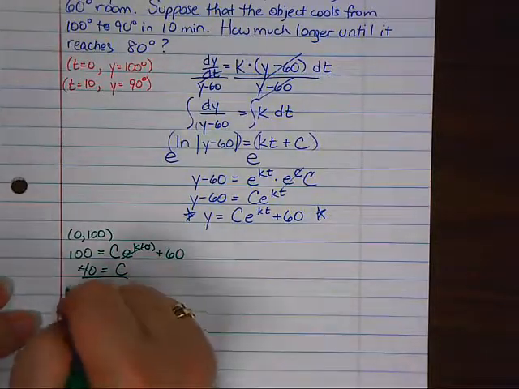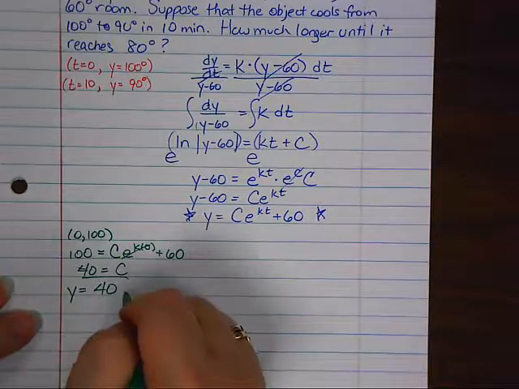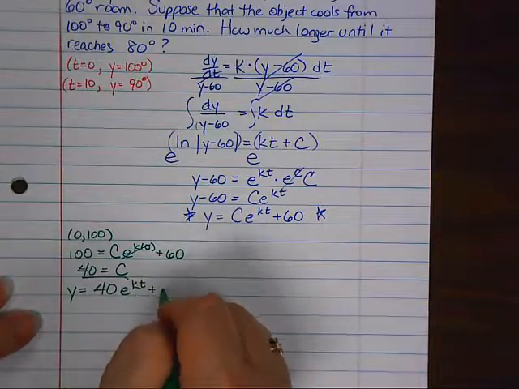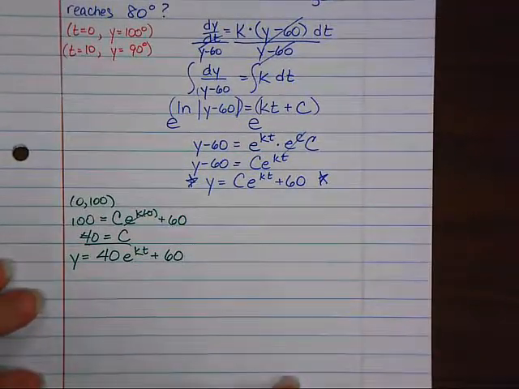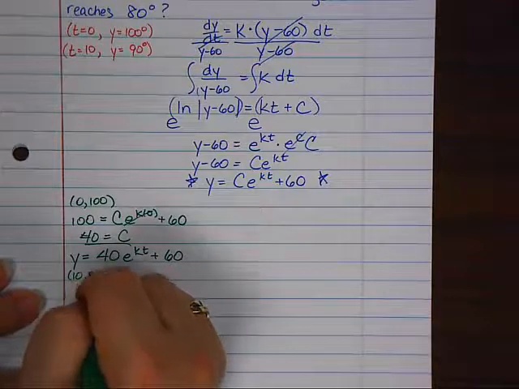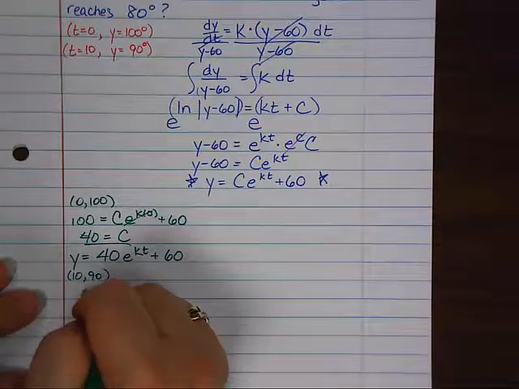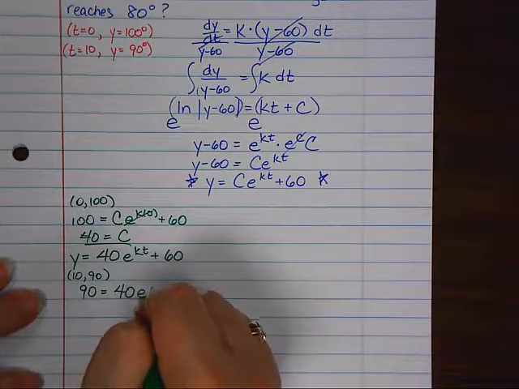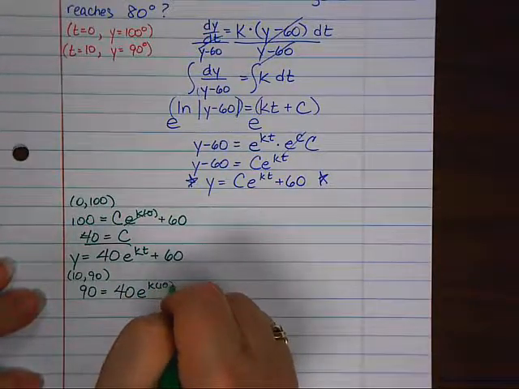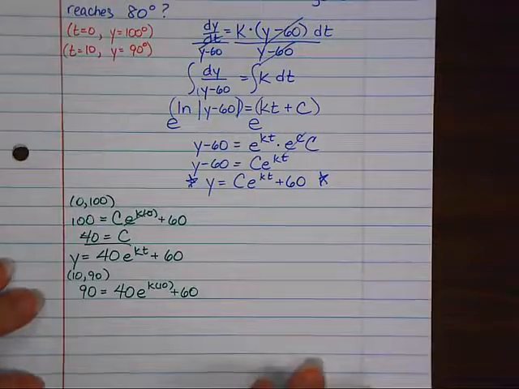So now write the formula with the c in there: 40e^(kt) plus 60. One step closer. Now we plug in the other point, 10 comma 90. So 90 equals 40e^(k times 10) plus 60.